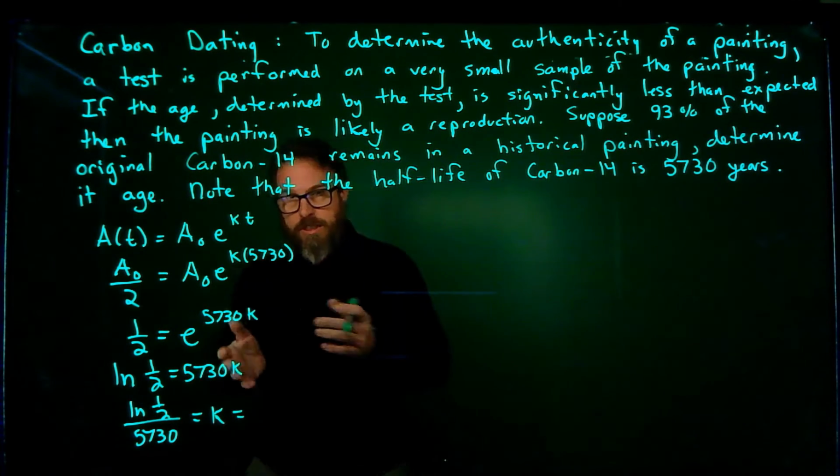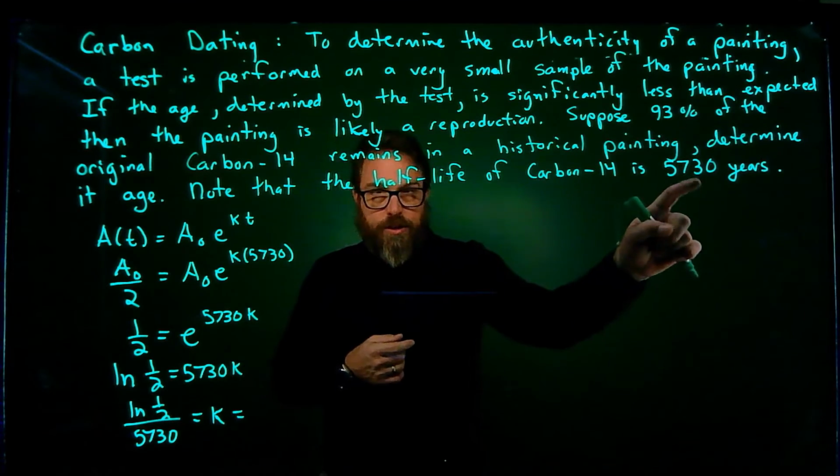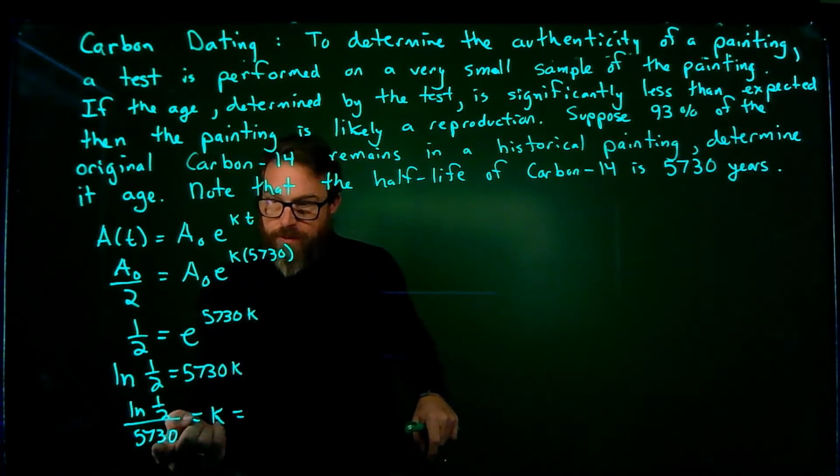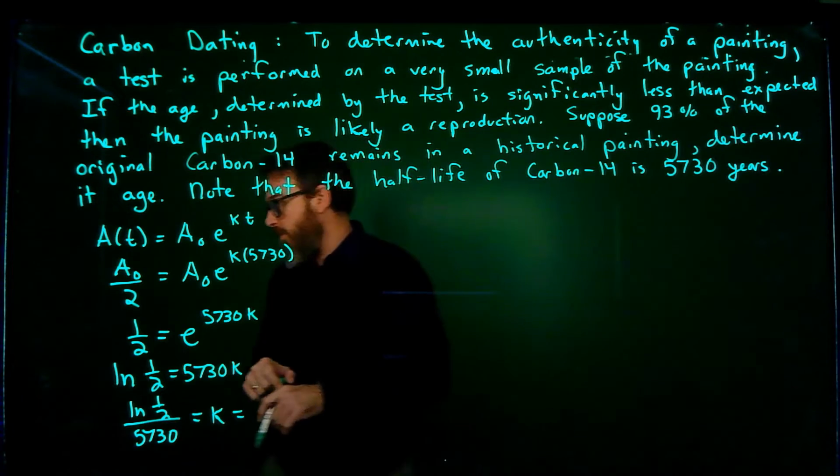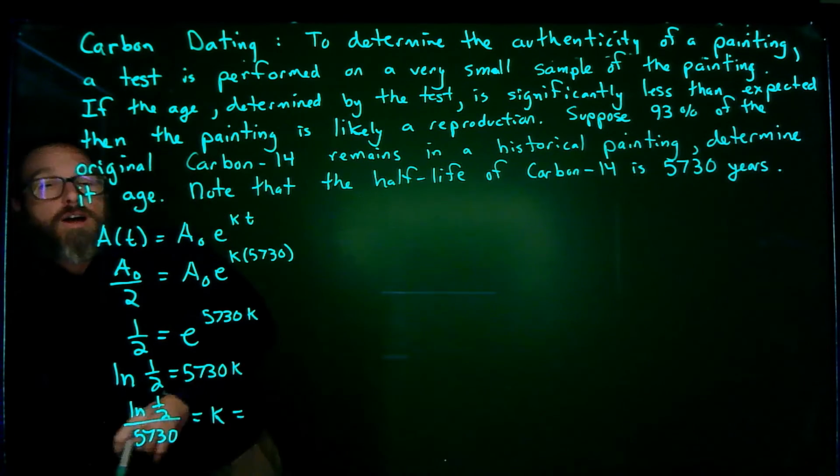Now this is going to be the k value for any half-life. As long as you know this number, it's just going to be this denominator, because half-life means the numerator is always going to be the natural log of 1/2. So this is going to return us this particular value.